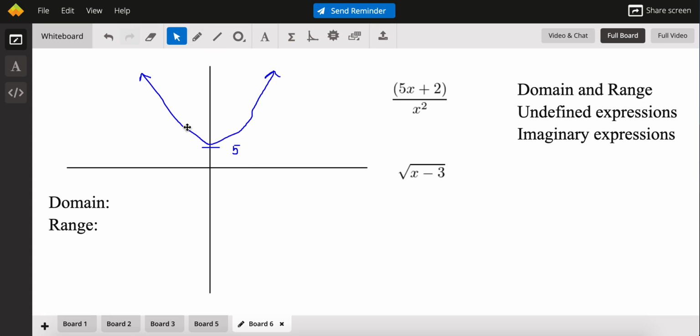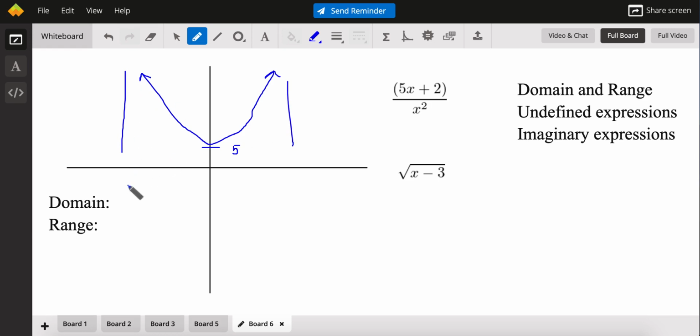So first of all, domain and range. Let's look at our curve right here. It's supposed to be a U-shaped curve. Basically, it starts at 5 and it goes up on both sides. Your domain represents what interval your function goes from the left side to the right side. Basically, what are the left and right side boundaries of your curve?